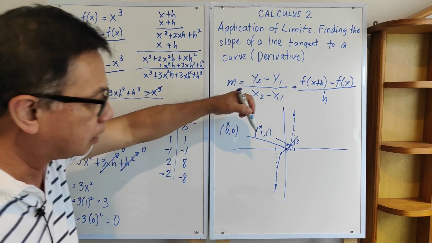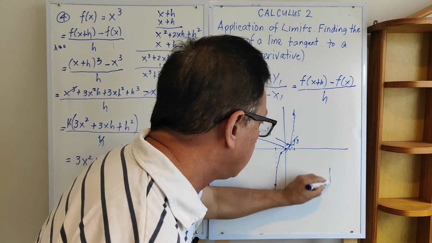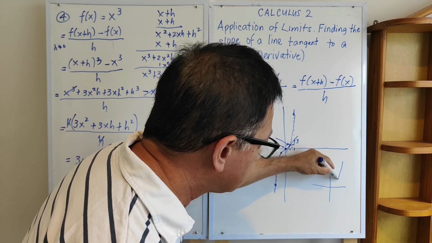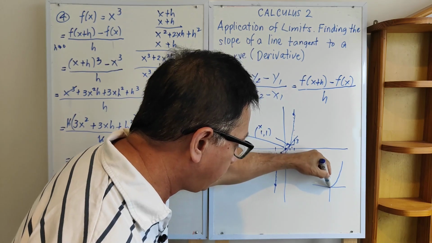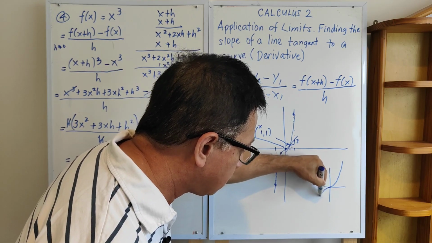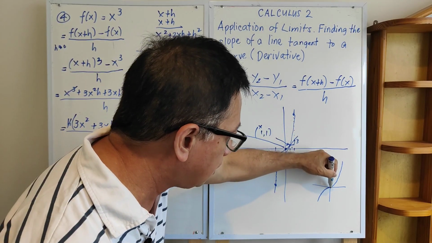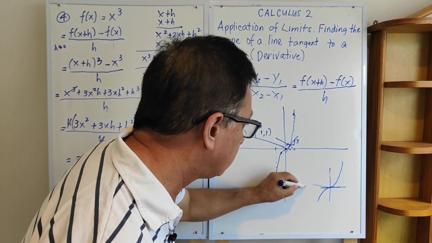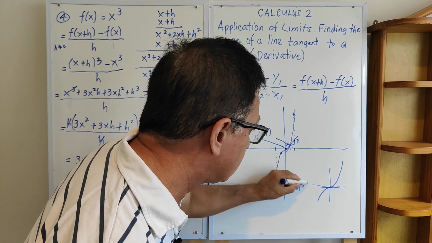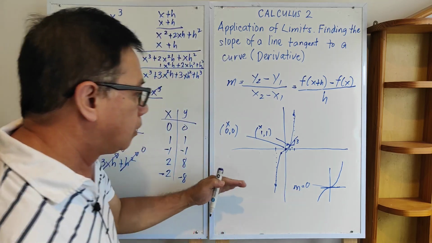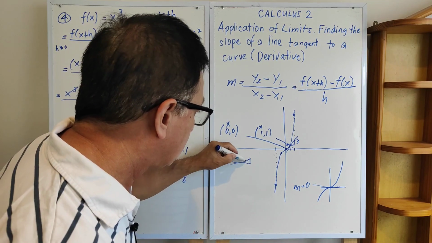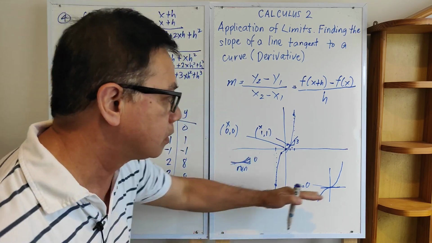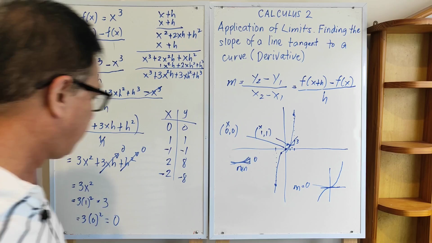It means that if I magnify this, your curve will be going like this, and at the exact point it changes direction. So at the exact point of 0, the slope is 0. Your slope is 0, meaning your rise over the run, this is your run, your rise is 0. So it's exactly horizontal at this point.